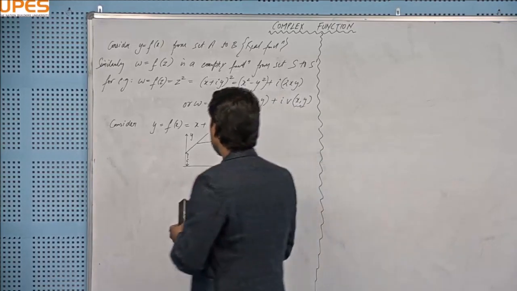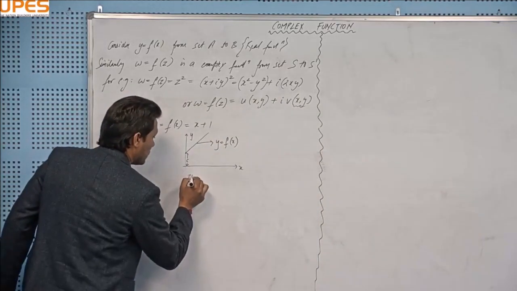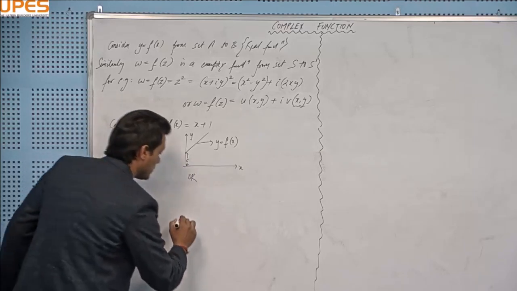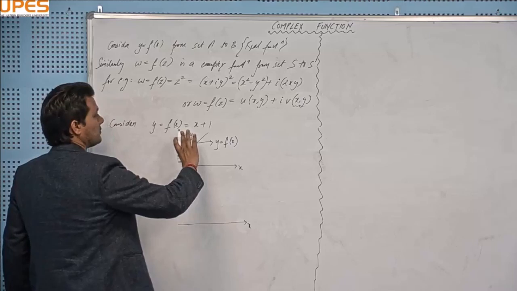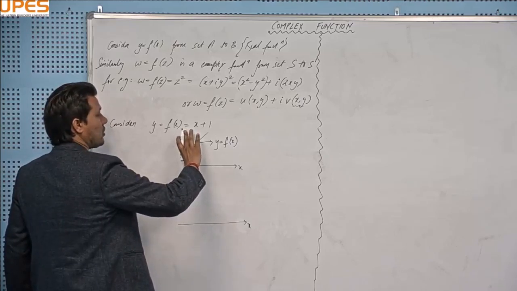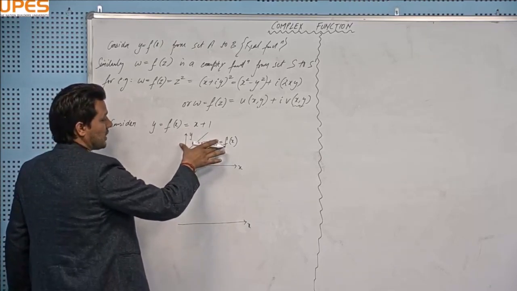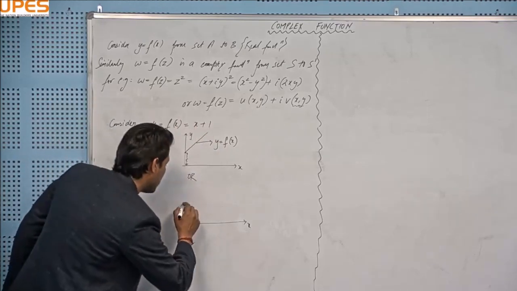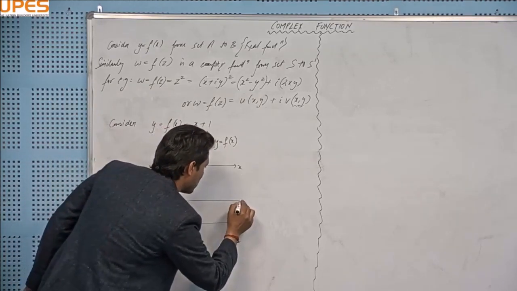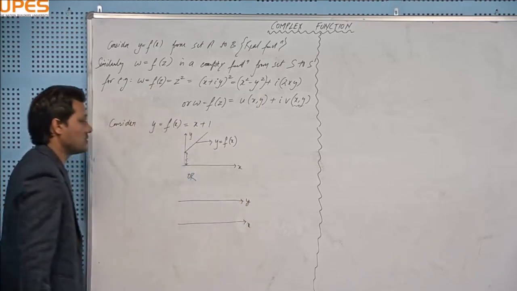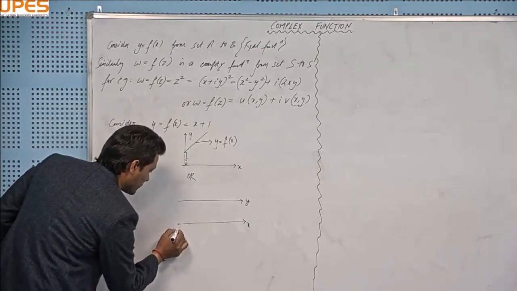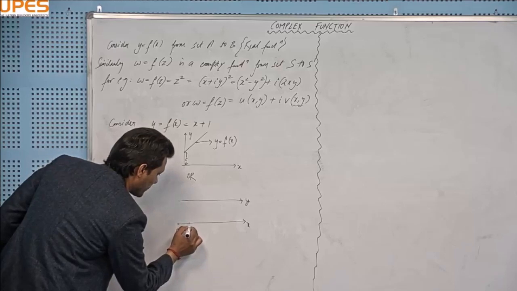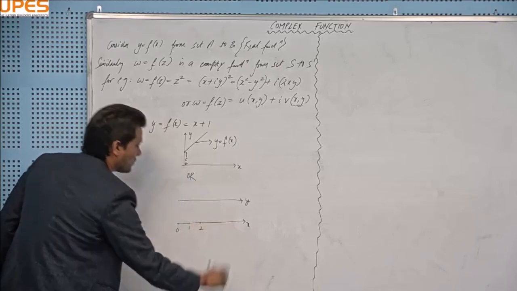Okay, so I can draw it a new way: the x-axis, and then placing this y-axis not vertically, rather horizontally, or parallel to this x-axis, right, and this is my 0, x equal to 0, and this is my 1, this is 2, and so on, right.